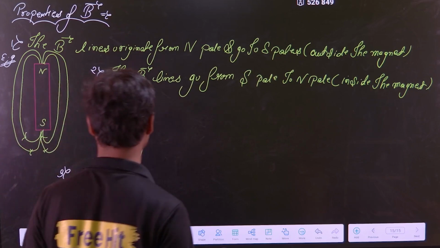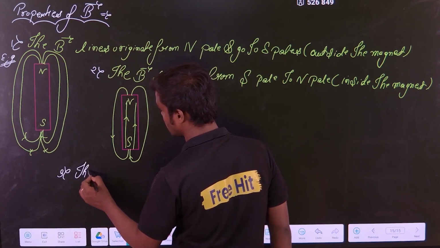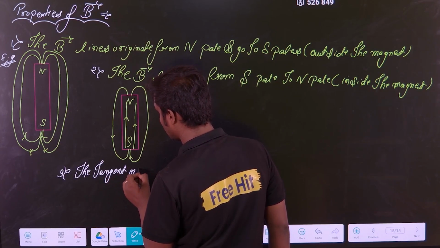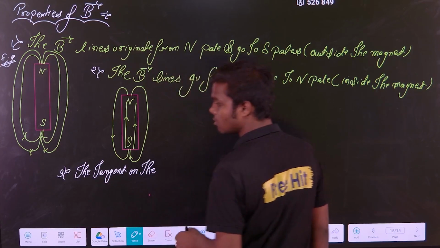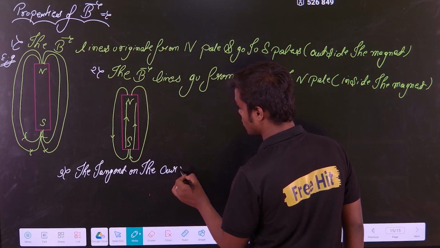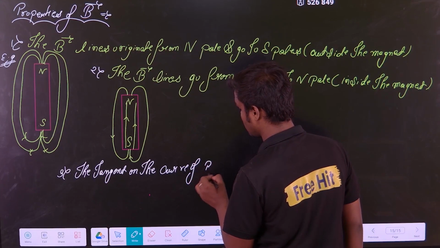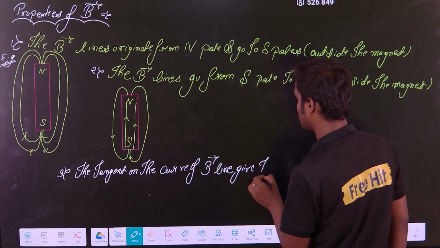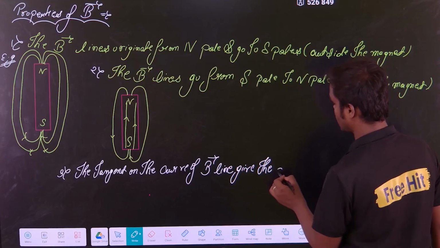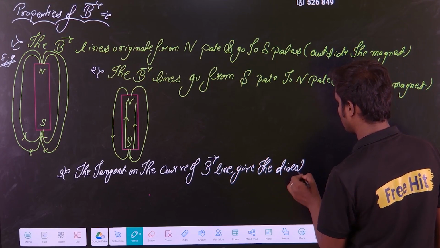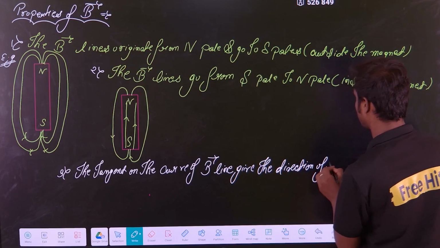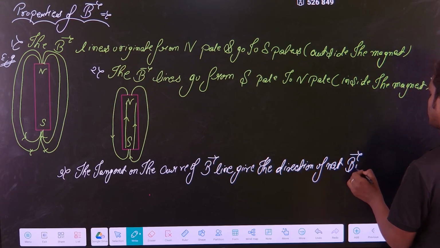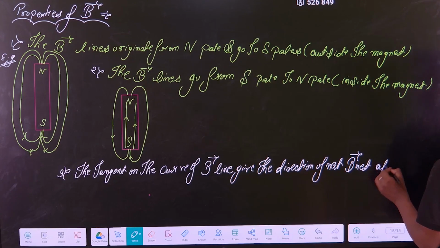Similarly here also, the tangent on the curve of magnetic field lines gives the direction of the net magnetic field at that point.